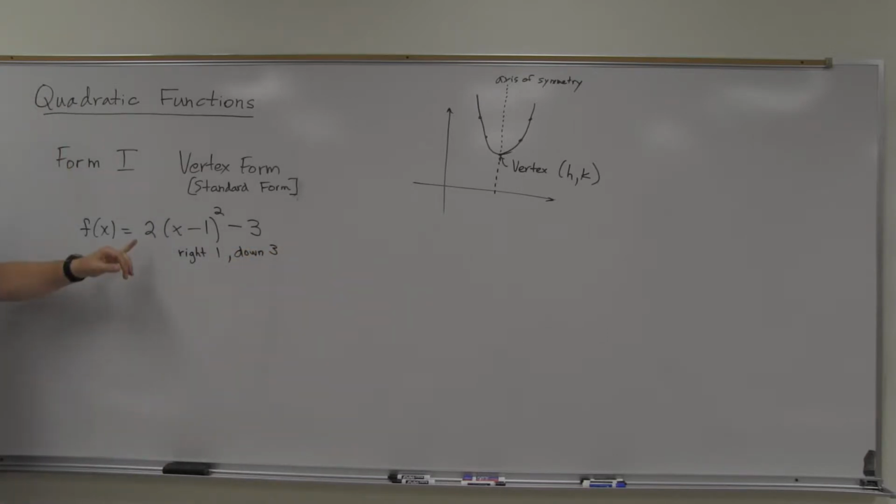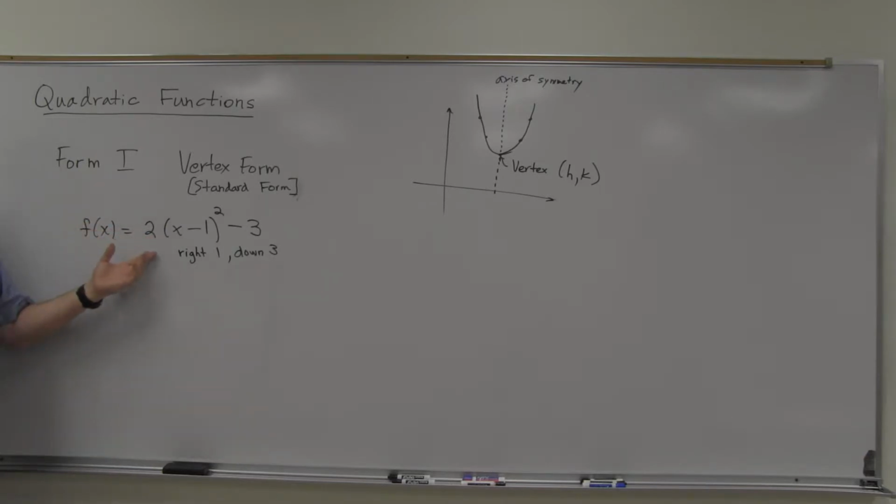And we didn't talk about it a whole lot, but we did a little bit. Remember the 2 in the front, that doesn't shift it right, left, or up or down. Remember what that does? That stretched it. And for parabolas, if you stretch it by a factor of 2, that's going to make it narrower.